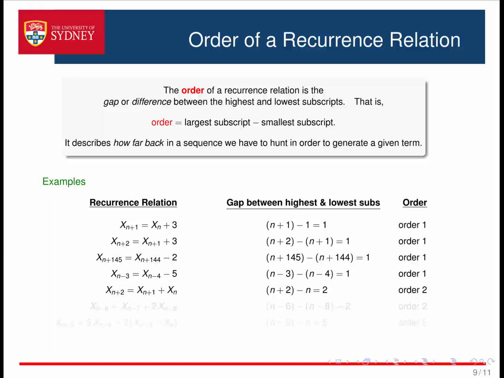That is, we use the term 2 positions before the current term. If we imagine the terms written out as a sequence of numbers, to work out the current term, we have to use the term 2 positions prior. Thus, the number of positions between the term with the highest subscript and the term with the lowest is 2.